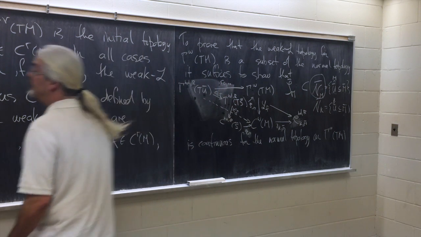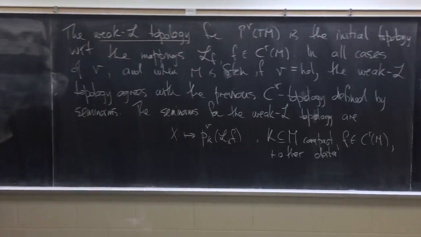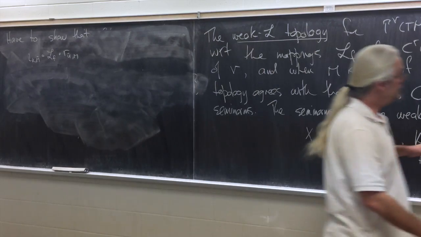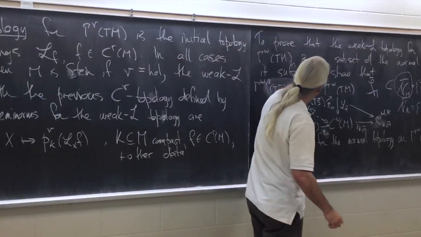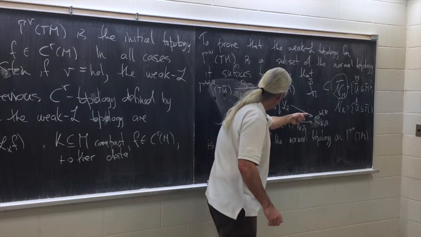So I go, okay, so LF, here, let me do it this way, so I can try to get this right. I have this mapping that goes from here to here. So what I'm going to do is go over to here, down to here, and across there.